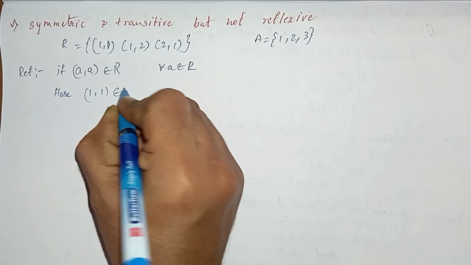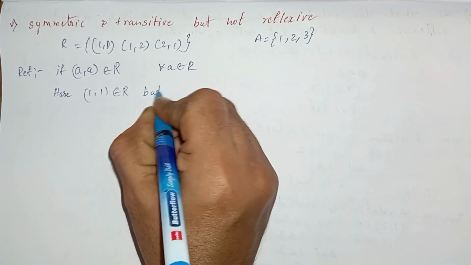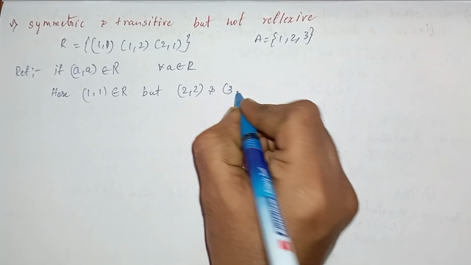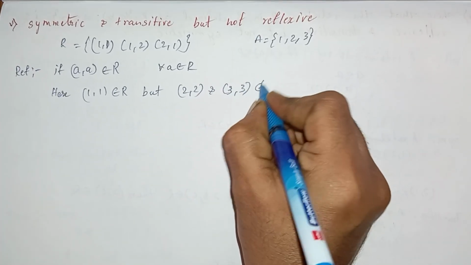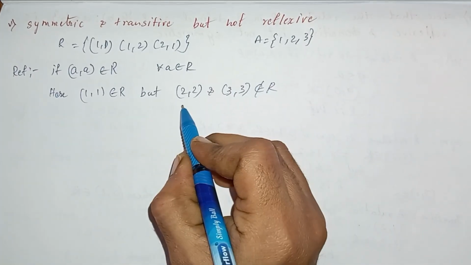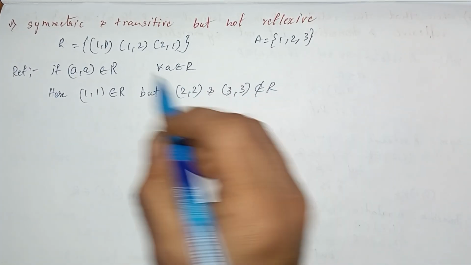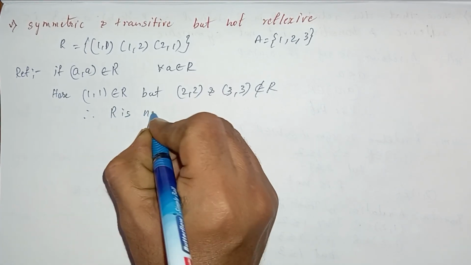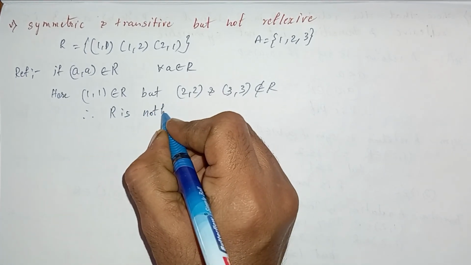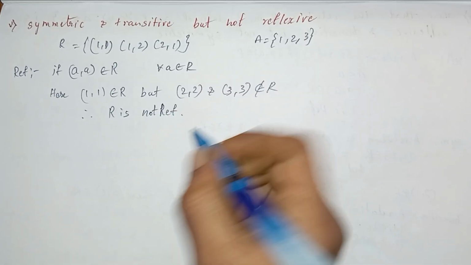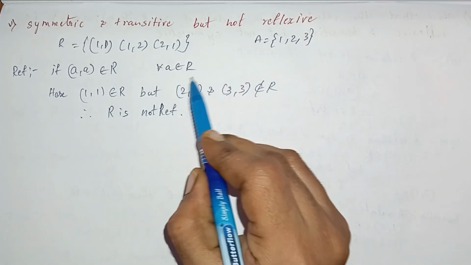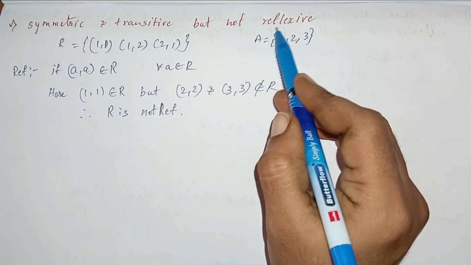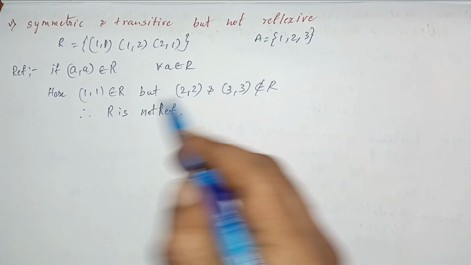We have (1, 1) belonging to R, but (2, 2) and (3, 3) do not belong to R. Therefore R is not reflexive. If even one pair is missing, then it is not reflexive. All the elements should have the pair.